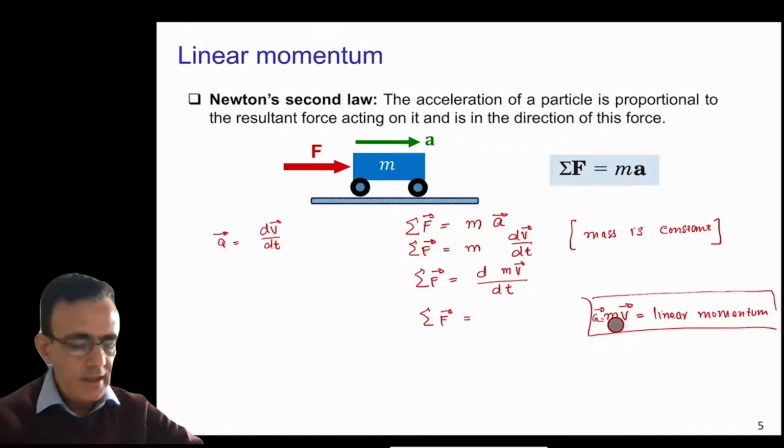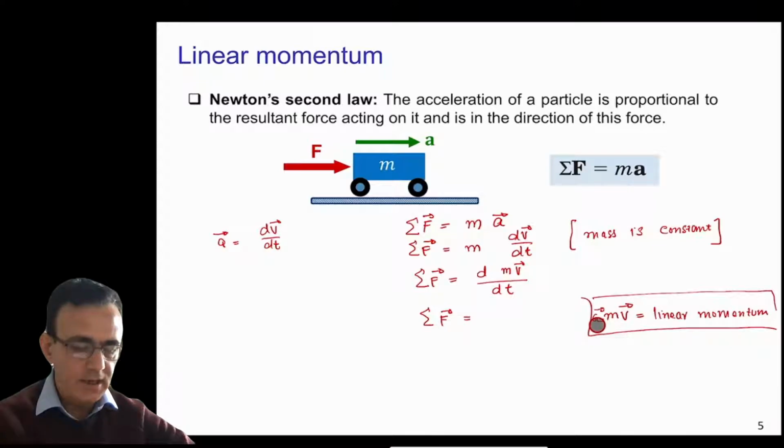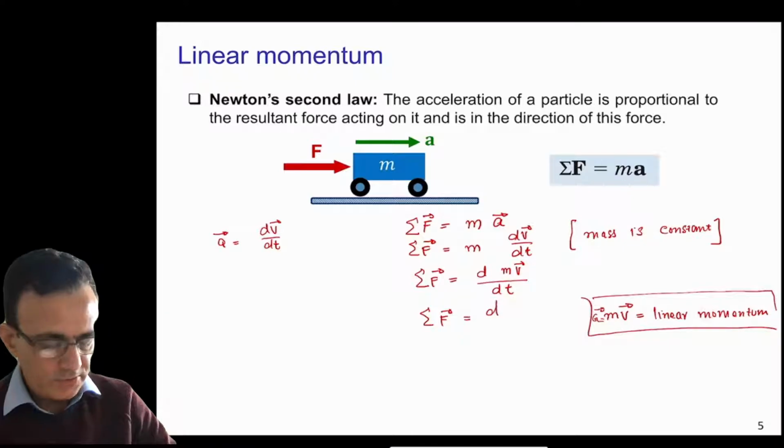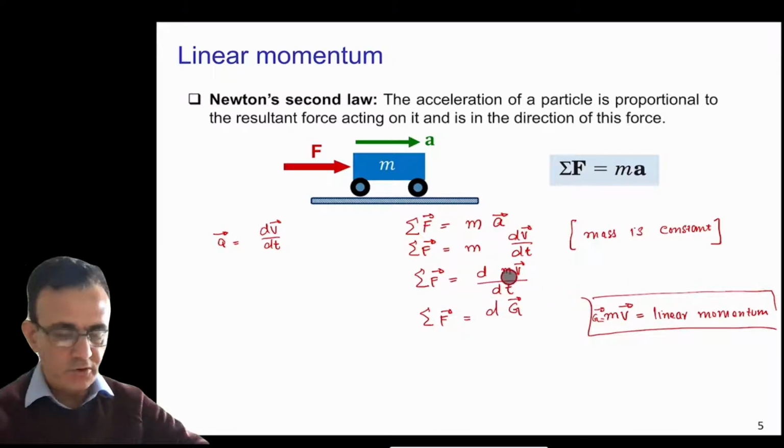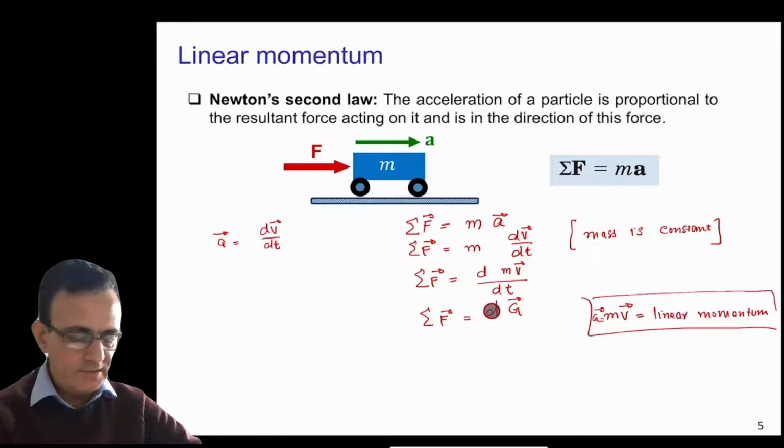Because velocity is a vector and m is a scalar, the linear momentum is again a vector, and the direction of G will be in the direction of the velocity. Because mv is G, you can write the equation as dG by dt.